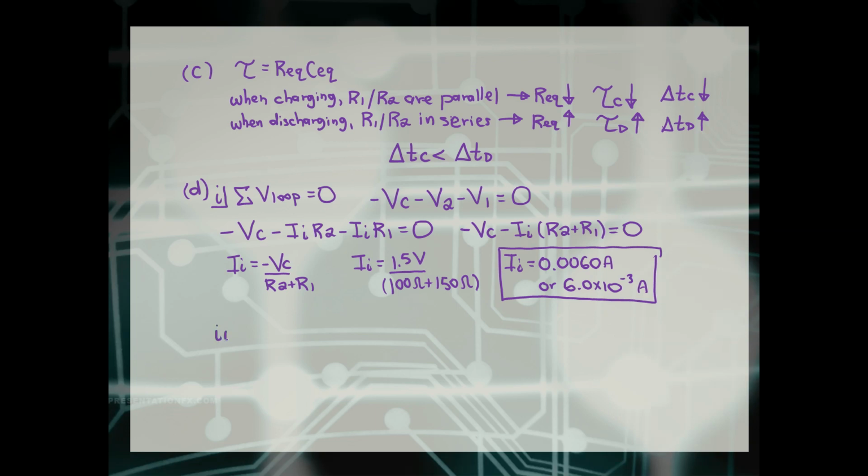We can say for part 2, we can just simply summarize it by saying the current in R2 will decrease. And the reason being is eventually there's going to be nothing to drive the current, because the capacitor is the only thing driving the current in the discharge phase.